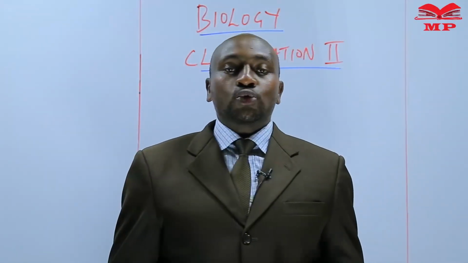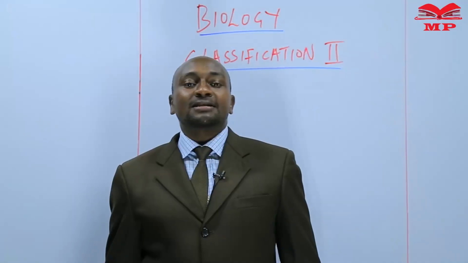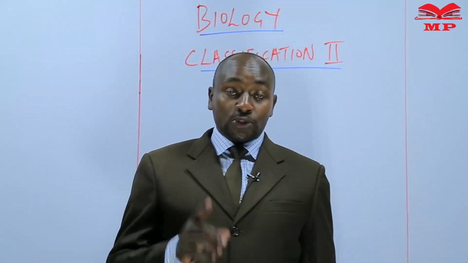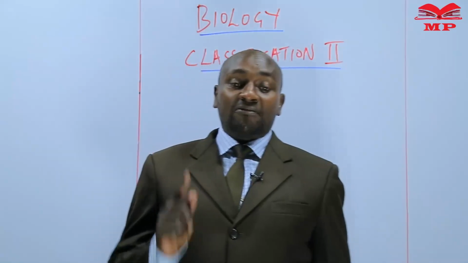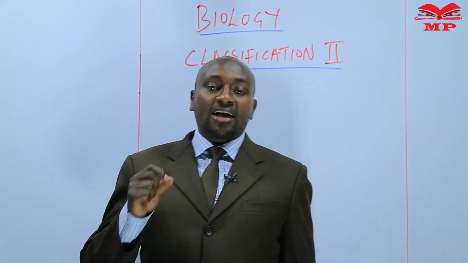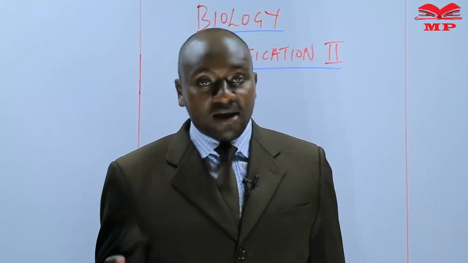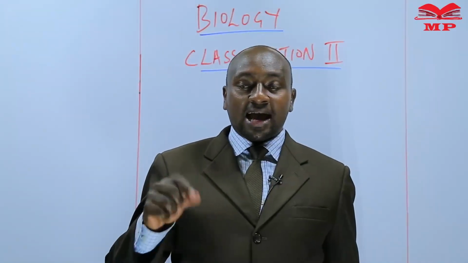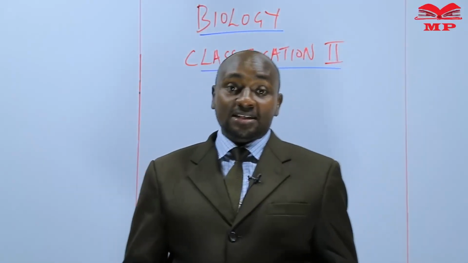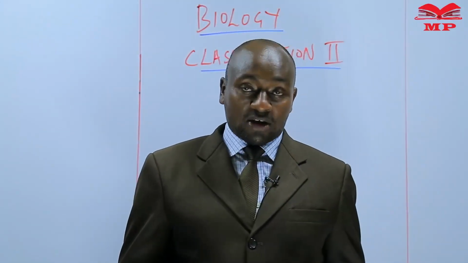We also went on to look at the characteristics of the kingdom fungi. And the first characteristic we saw was that a fungus is made of a basic functional unit that is called a hypha, whose plural is hyphae. So today we shall continue with the characteristics of kingdom fungi.